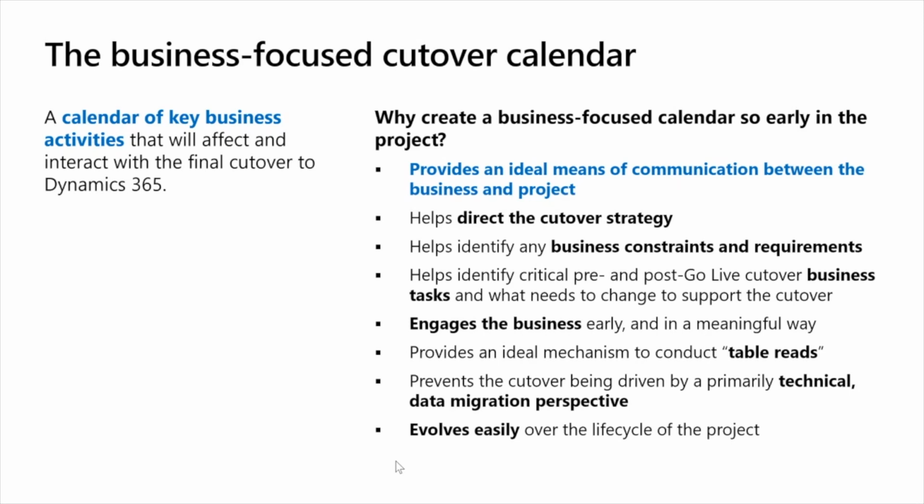They may be telling the project, here are some of the constraints and requirements we have that the project may not be aware of. It also engages the business early, and it starts the relationship off in a good way, right? You engage the business sponsors, the business data owners at a very early stage. You're telling them what's happening. You're telling them what the cutover is going to mean, and they're telling you what it does mean to you in terms of the business activity.